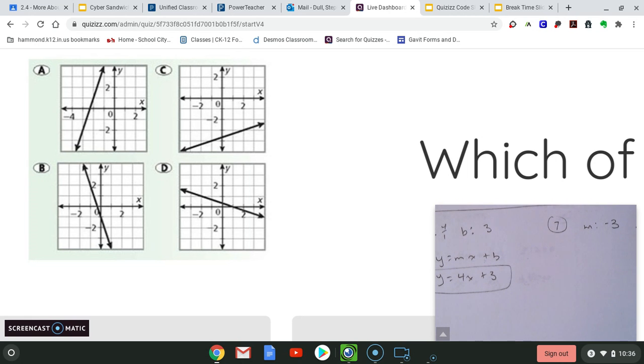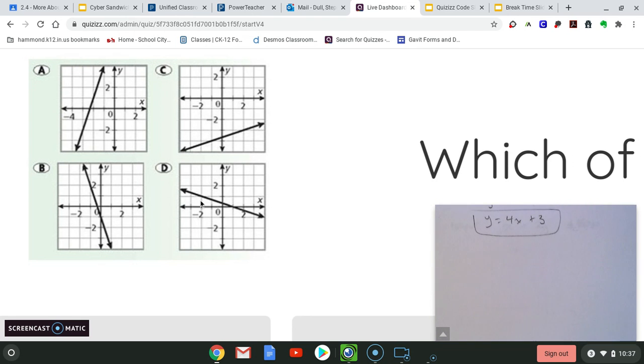If it's a negative slope, this is decreasing from left to right. So that rules out A, and it rules out C. Now we're just looking at B and D. Change in y over change in x means it goes down 3 units for every 1 unit that it moves to the right. And as I'm looking at this, that clearly is going to be answer B.